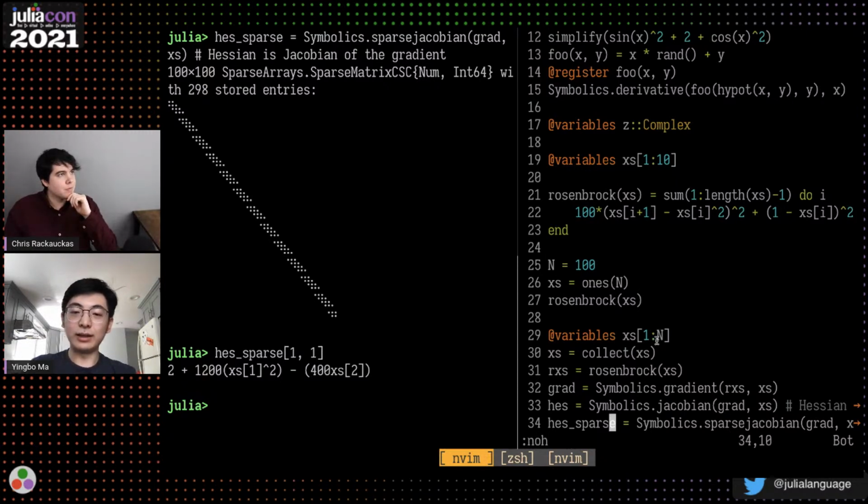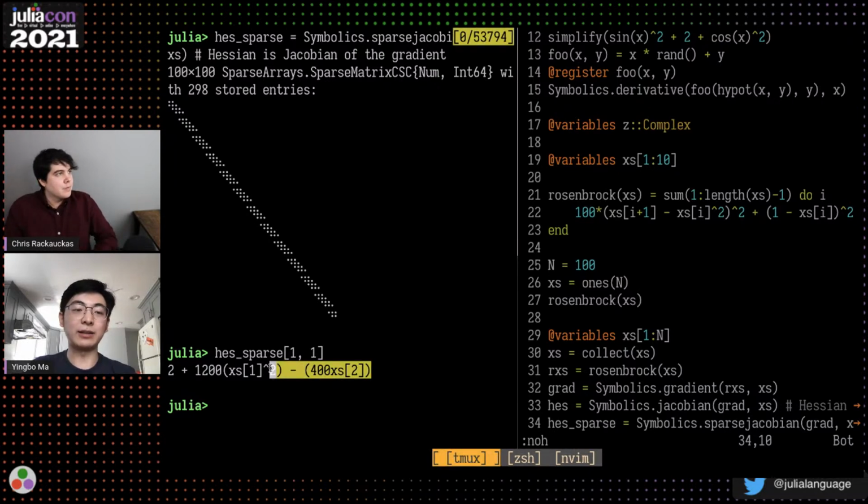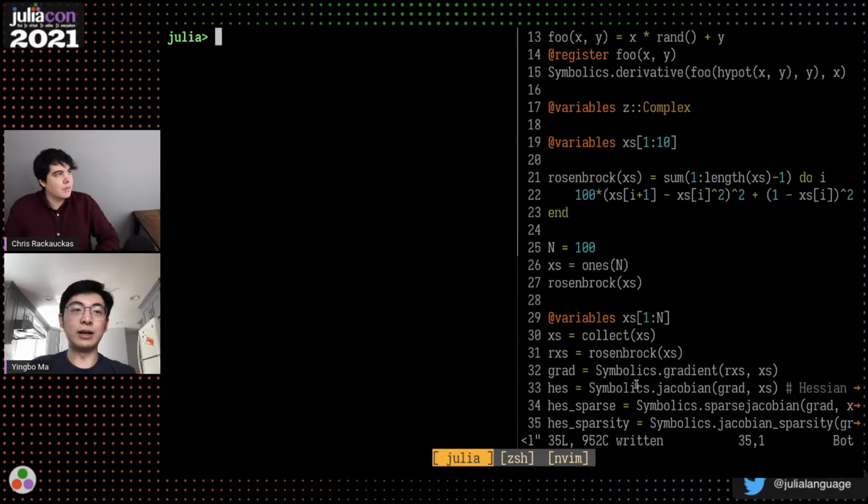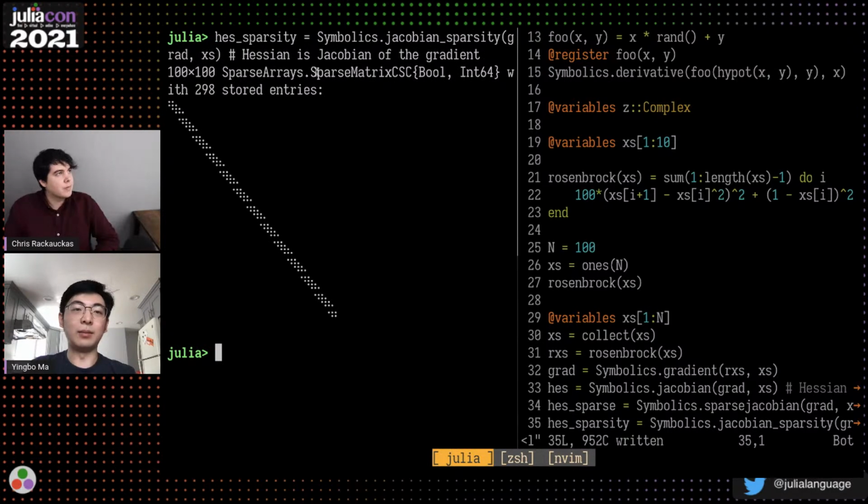Okay. Yeah, and then if you are only interested in the sparsity pattern, but not the exact Hessian values, then you can use the jacobian_sparsity function. The sparsity function returns a Boolean sparse matrix that only has true and false entries.